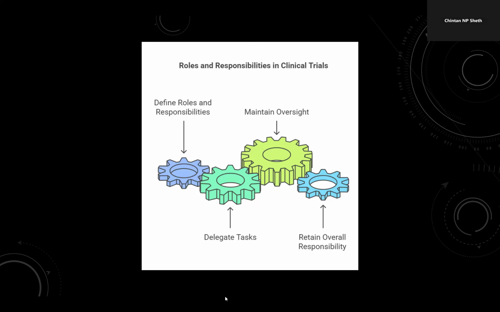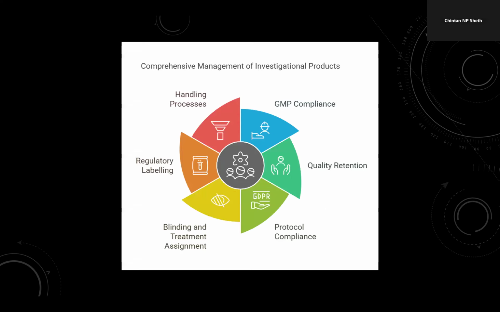And the last and the 11th principle of ICH GCP E6 R3 is all about the management of the investigational product. Investigational products used in the clinical trial should be manufactured in accordance with the applicable GMP standards, that is, good manufacturing practice standards, and be managed in accordance with the product specifications and the trial protocol.